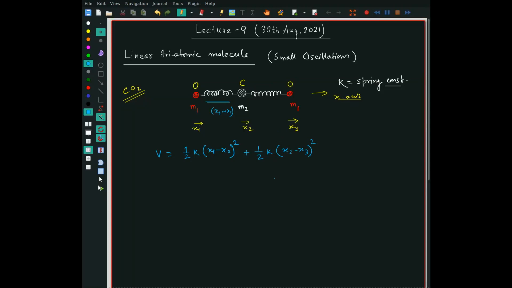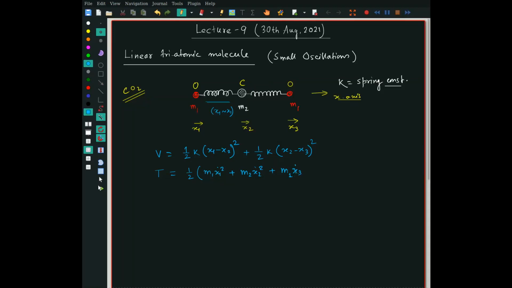And of course T is the kinetic energy of all those masses, so half m1 x1 dot square plus m2 x2 dot square plus m1 x3 dot square, since this one is also m1.